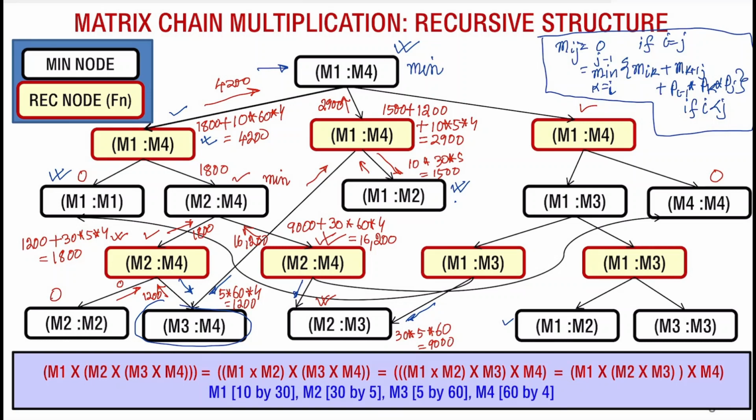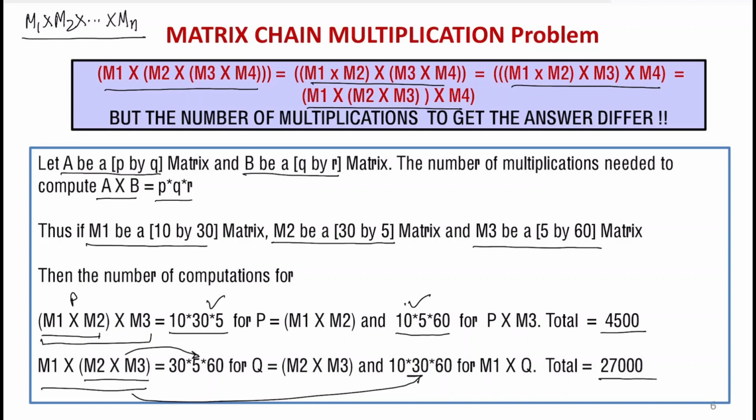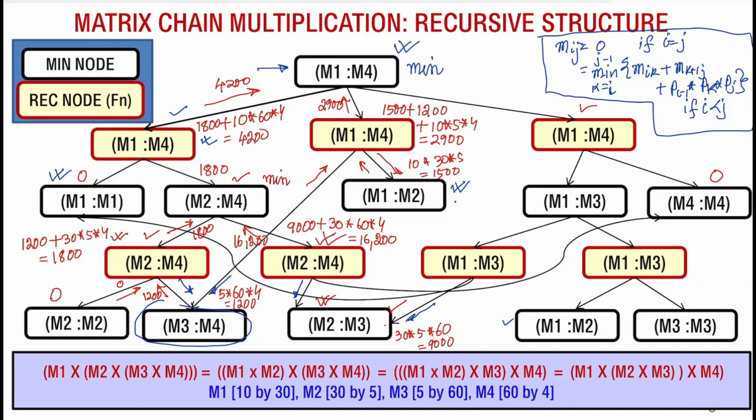and once we go this side we will again find out what is the value of M13. M13 will come from M23, which is already computed, so it will not compute it again, plus it will utilize M11 plus M23. M11 is 0, and it is not difficult to see, as we have done just in the previous page here, of those values. We will get back 27,000 here, so we will get M12 as 27,000, and we will get this as 4,500.